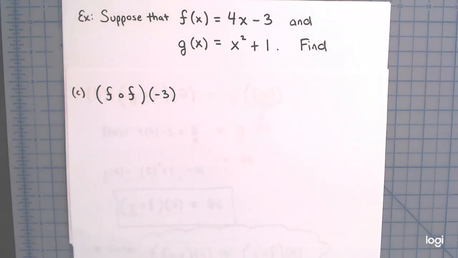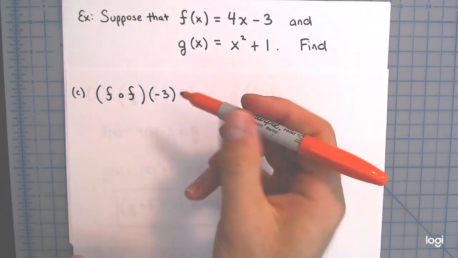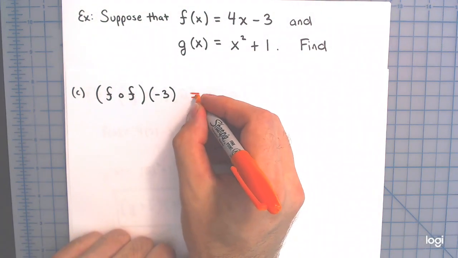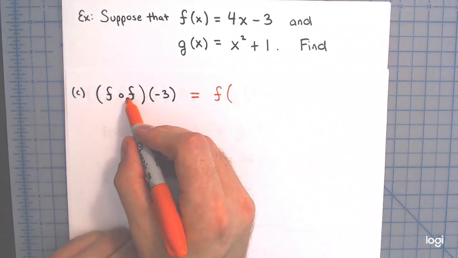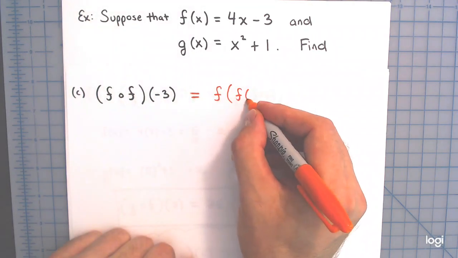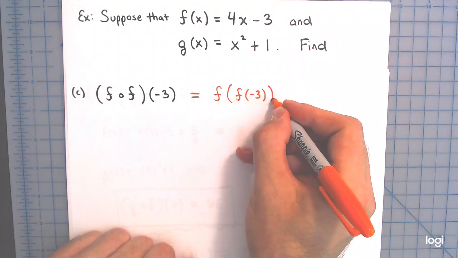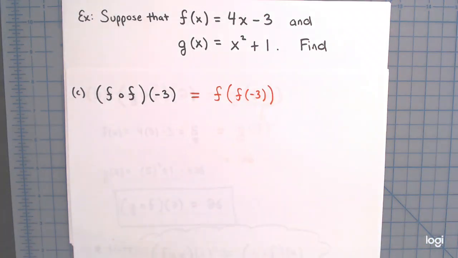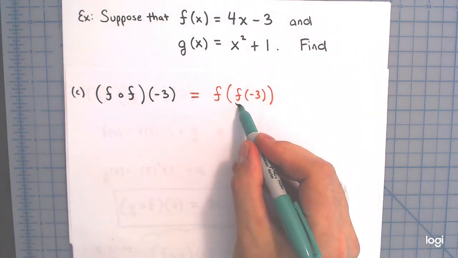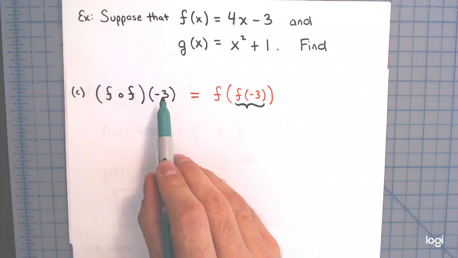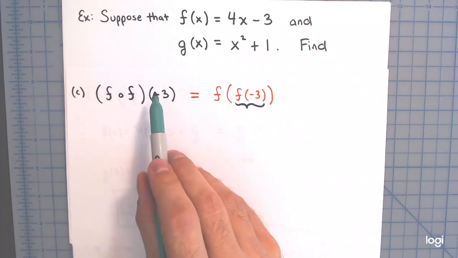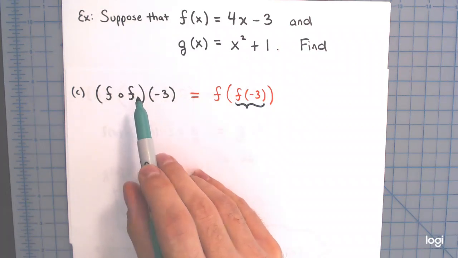What's the output? All right, so as before, another way this can be written is f of f of -3. As with the first couple examples, the first thing I'm going to find is f of -3, this expression inside the parentheses, where I'm taking the input of -3 and putting it into f first.